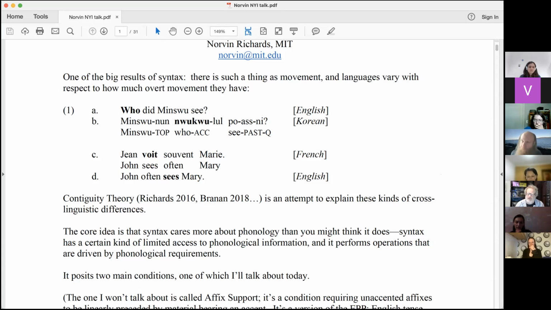Of course, as you know better than anyone, there's single WH movement, there's multiple WH movement, and then there's the two kinds of multiple WH movement languages. So how far does this take us? Does it take us all the way, because it's a beautiful thing if phonological information can set all of this stuff for us?